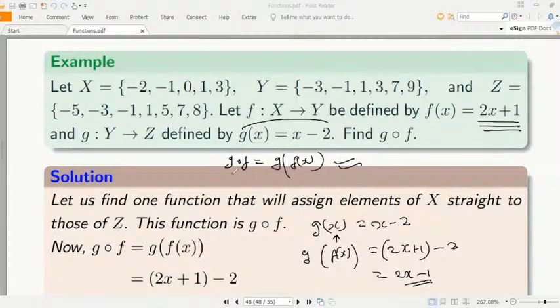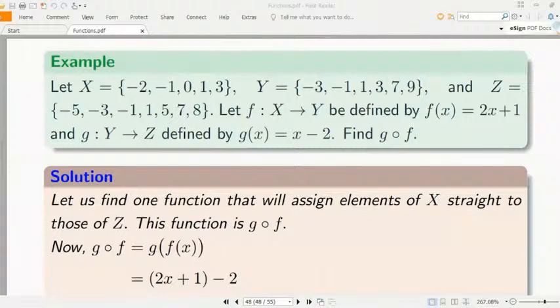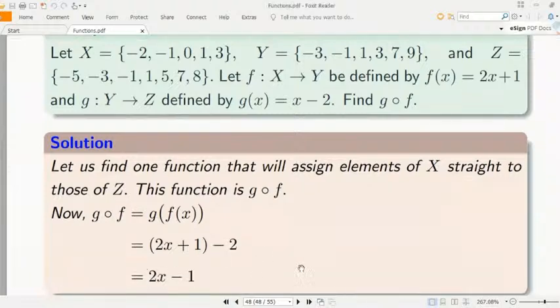So once you understand this relationship, then it becomes very easy for you to do it. That's what I have done here. Let's plug f of x into g of x. Plug f of x into g of x. Maybe another example will make it clear, but I've done it here.